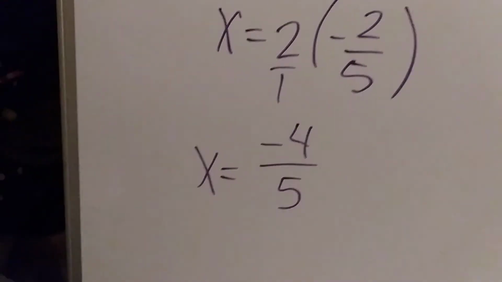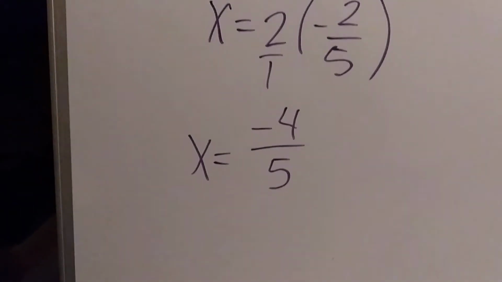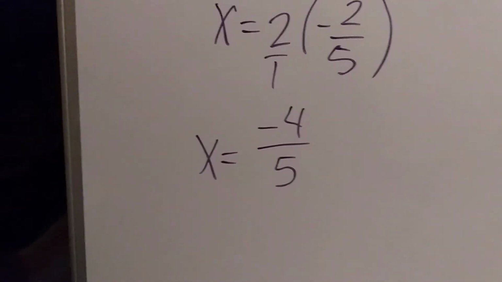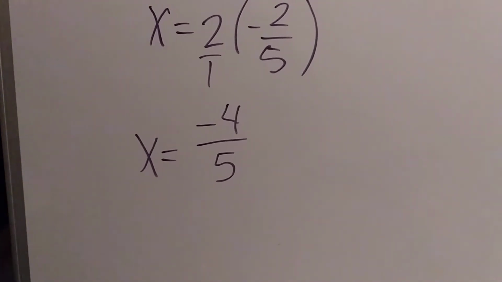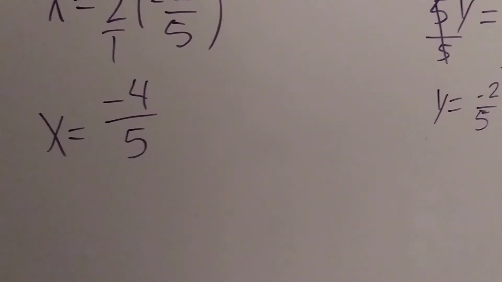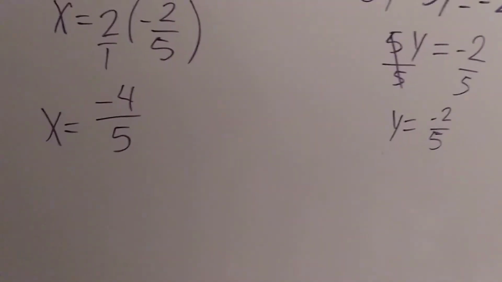So there are going to be instances where you are required to work with fractions, but for the sake of your homework assignments, none of them are going to be fractions. I want to keep you away from fractions because I know some of you might not like them.